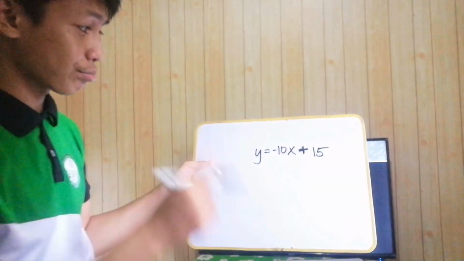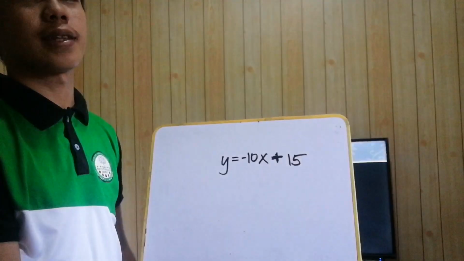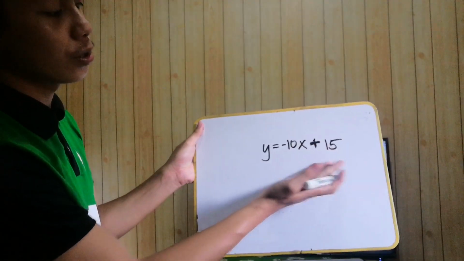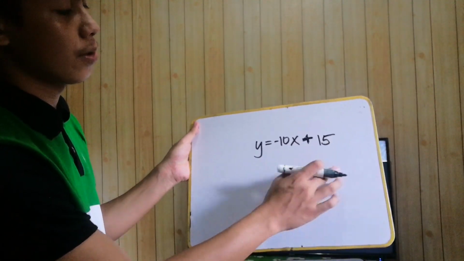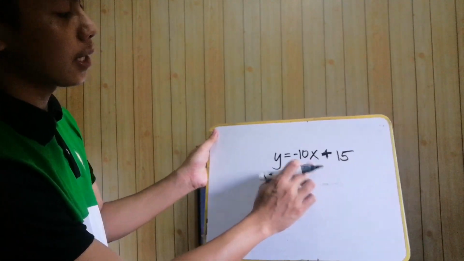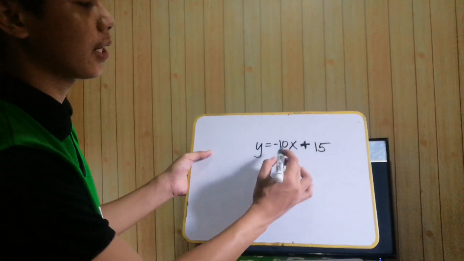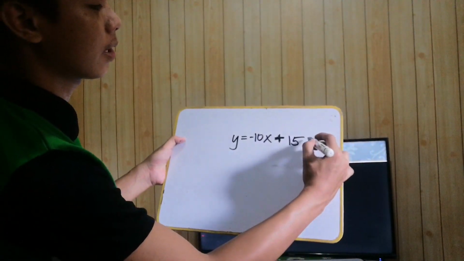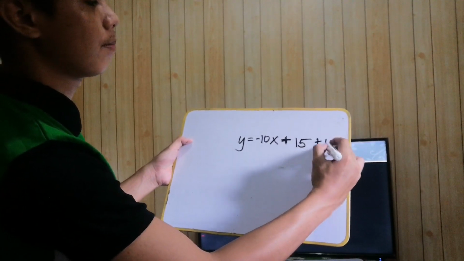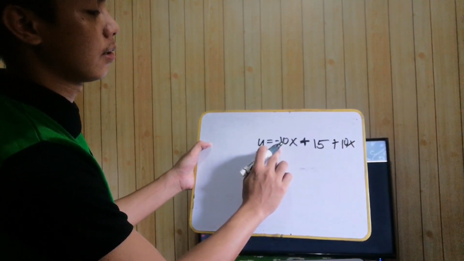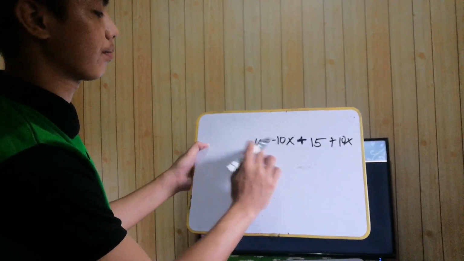Now, same pa rin yung gagawin natin. Dapat si x, dapat dito constant lang yung matira. So, si x, lilipat natin dito sa left side. So, since negative yung 10, mag-a-add tayo ng positive 10x para ma-eliminate si 10x dito.